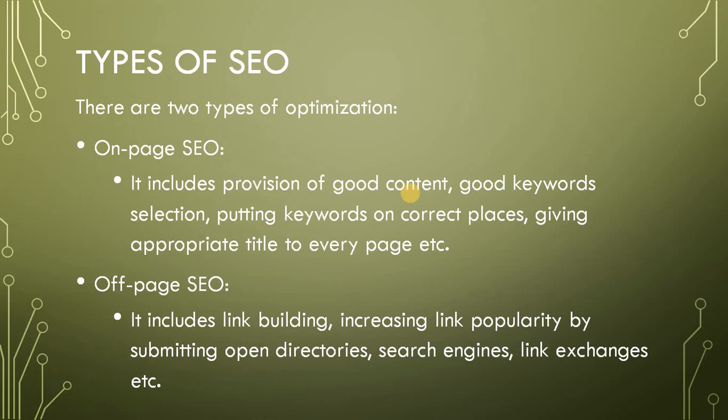Now, what do we mean by link building? Link building is this: if there are some trusted sites and they are giving the link of the website which I have created, then Google will think that this website is also trusted, and this is how your website can rank higher in order.